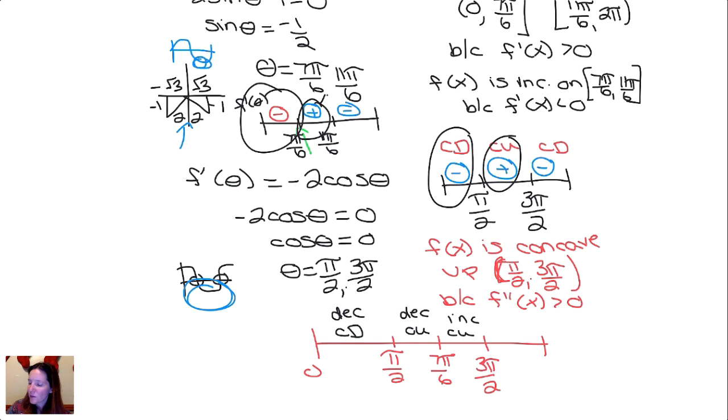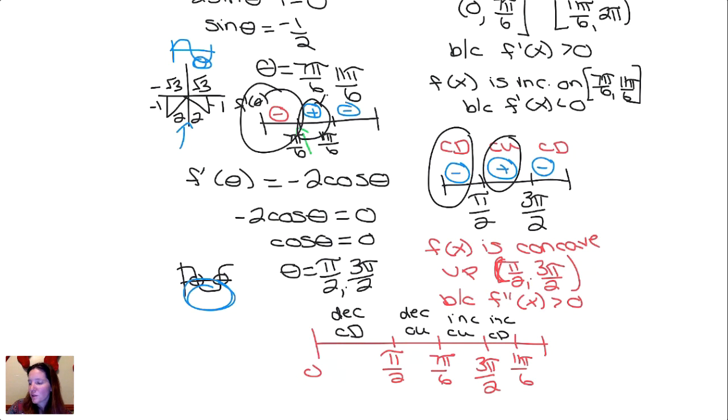And then after 3 pi over 2 to 11 pi over 6, we're concave down, and we are still increasing.